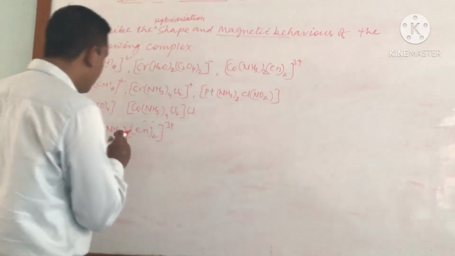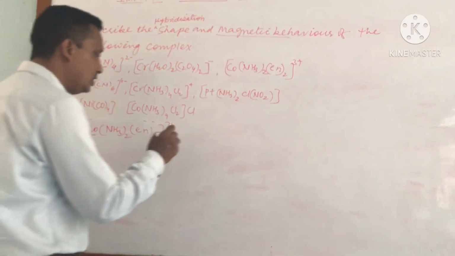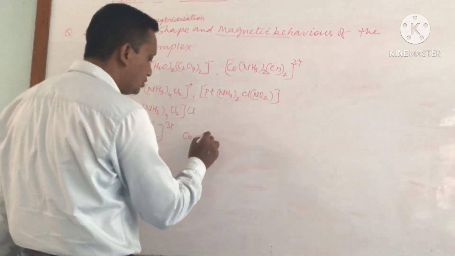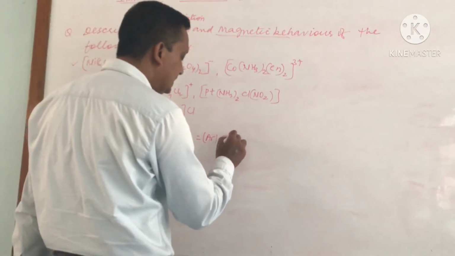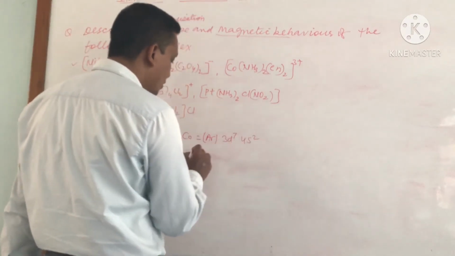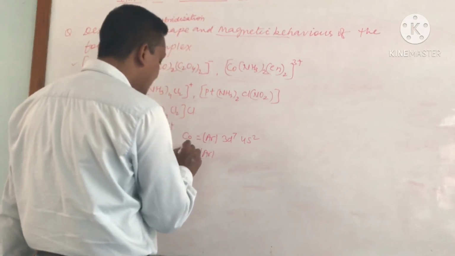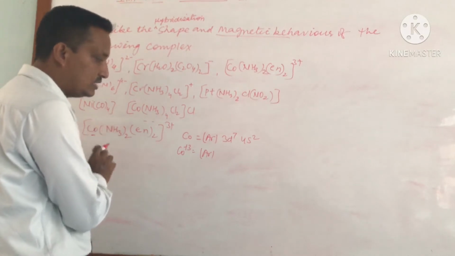So how can we determine the shape, hybridization and magnetic behavior of this molecule? In this complex, Co is the central atom. So the electronic configuration of the central atom would be argon 3d7 4s2. Cobalt is in the +3 oxidation state in this complex. Easily we can calculate the oxidation state.